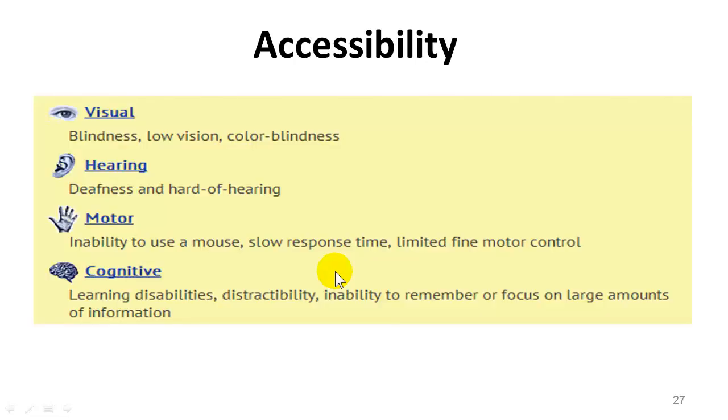Back to accessibility, there are four main areas: visual, meaning blindness, low vision, color blindness; hearing, you don't need to be deaf, just hard of hearing; motor difficulties; and learning disabilities, such as being easily distracted or unable to remember or focus on large amounts of information. So by keeping this in mind and developing applications with universal design in mind, we will be catering to people who meet these requirements as well.